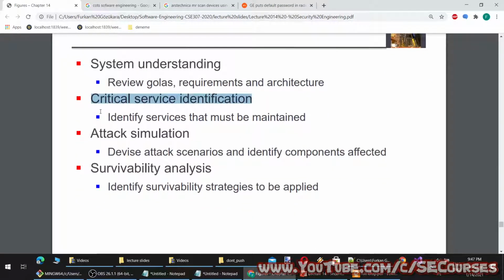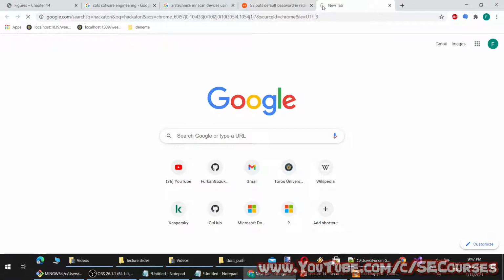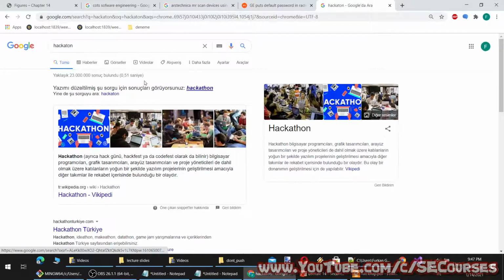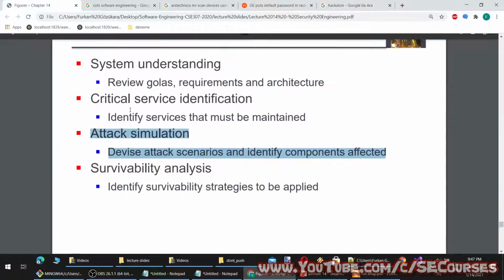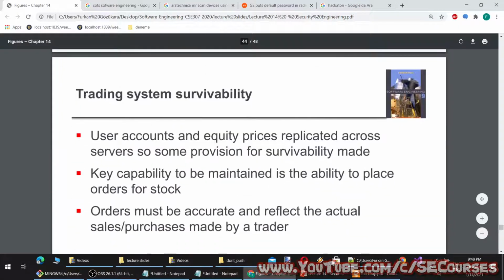Critical service identification: identify services that must be maintained. Attack simulation: devise attack scenarios and identify components affected. This is also kind of like white hat hackers trying to penetrate systems and find vulnerabilities, such as in a hackathon. You can also join hackathons. Okay, it is written like this. And survivability analysis: identify survivability strategies to be applied.